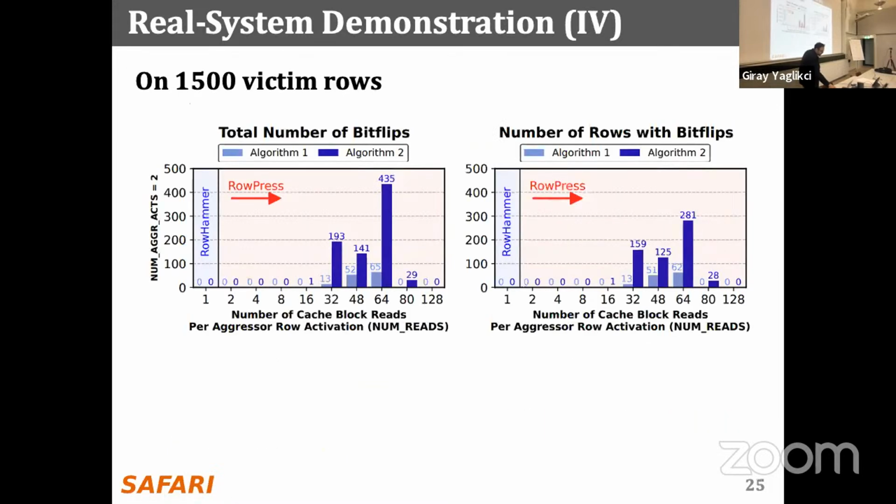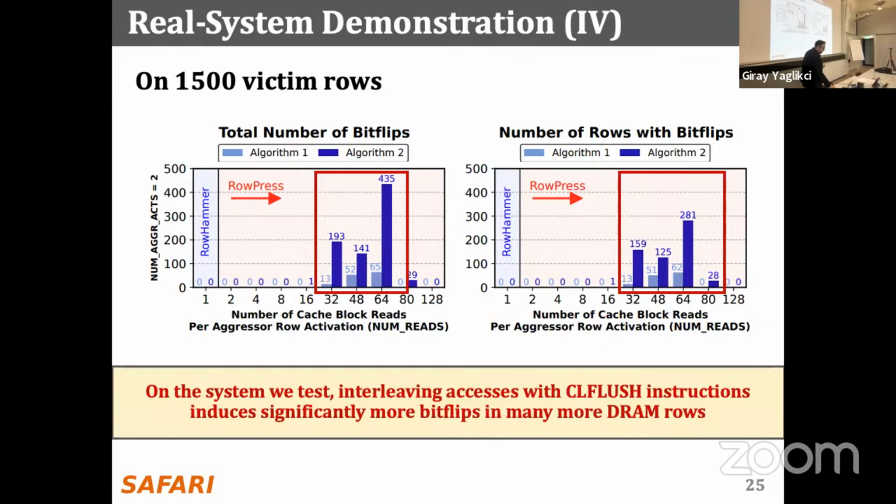As a result, you can induce even more bit flips. So it's important to see that you can induce bit flips, but it's also important to say that when you play with your code a little bit more, you can improve it. So there is actually some headroom for improvement.